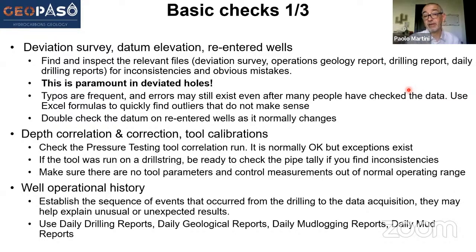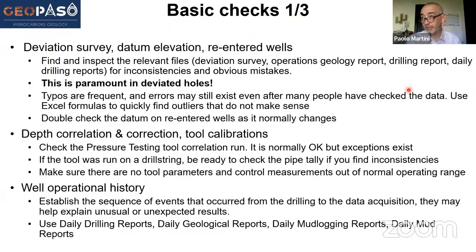Especially in deviated wells, the deviation survey files are very, very important. Keep in mind that sometimes they are typed, and typos are common. So even if the data has been viewed and used by many people, errors might still be there, and it's a good thing if you can spot them.